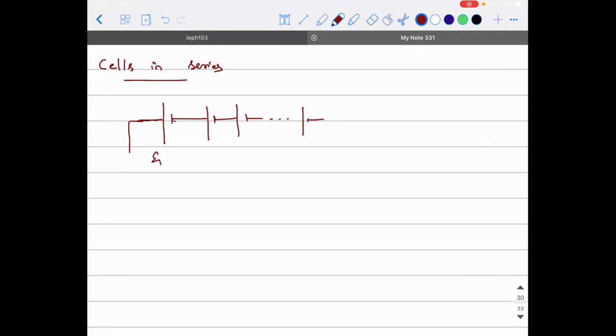So E1, R1, E2, R2, E3, R3, up to En, Rn. The equivalent circuit for this is going to be by replacing them with one particular cell, which has E equivalent and R equivalent.